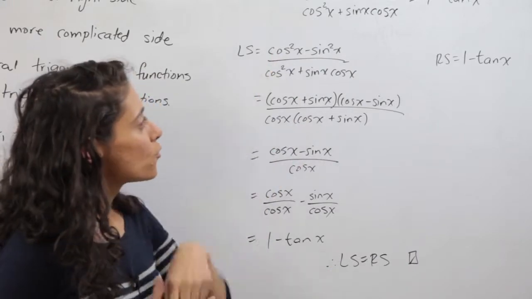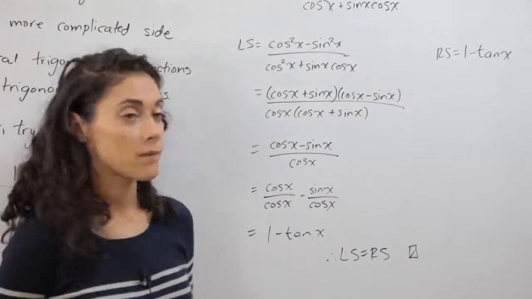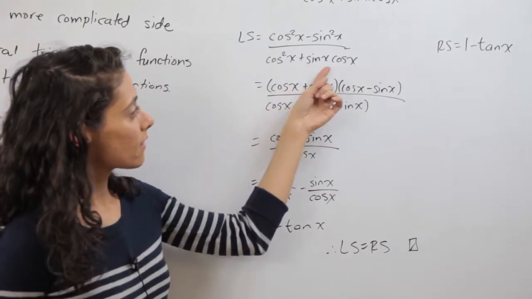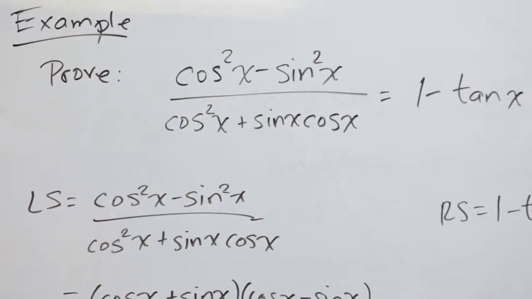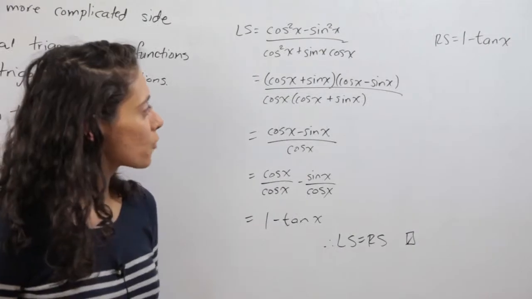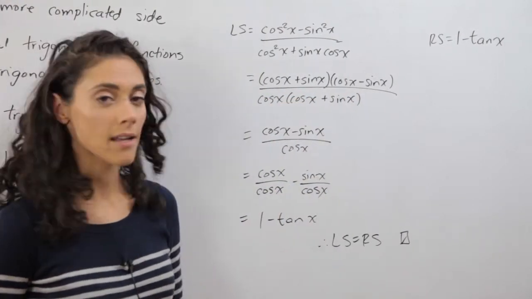So I notice that this numerator is a difference of squares. Something squared minus something squared, which means it's factorable. And I also notice in the denominator, I have cosine in both of these big terms. This is factorable, both the numerator and the denominator. So here I factored the numerator into a difference of squares, cos x plus sine x times cos x minus sine x.